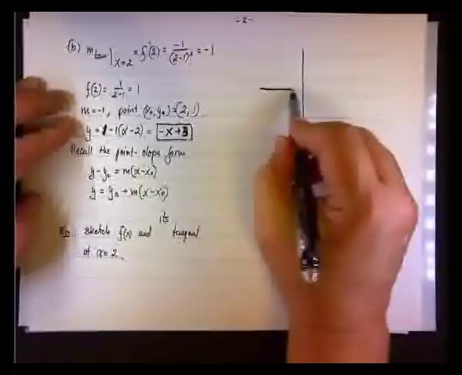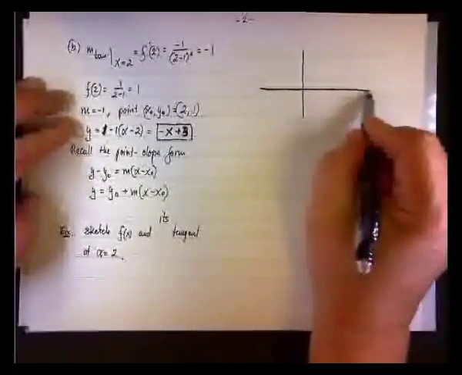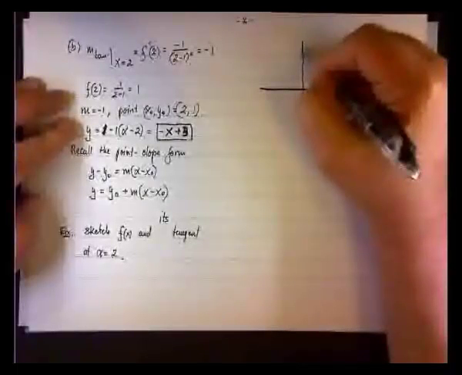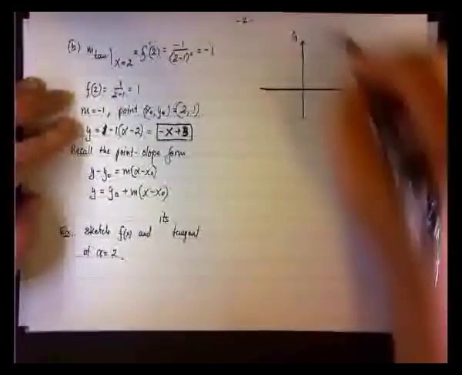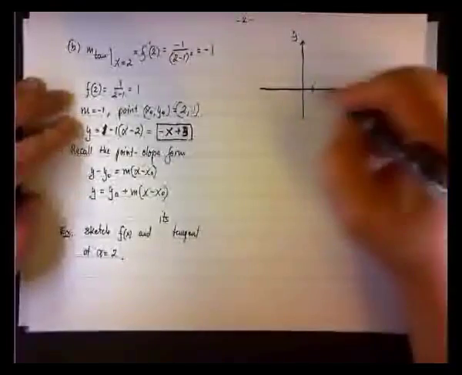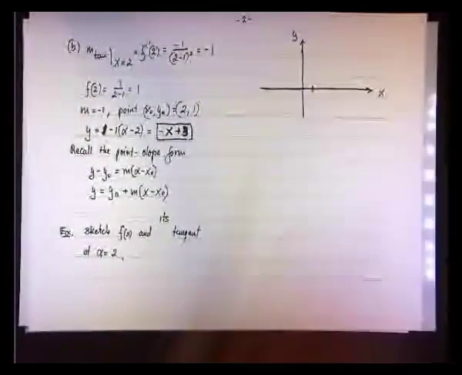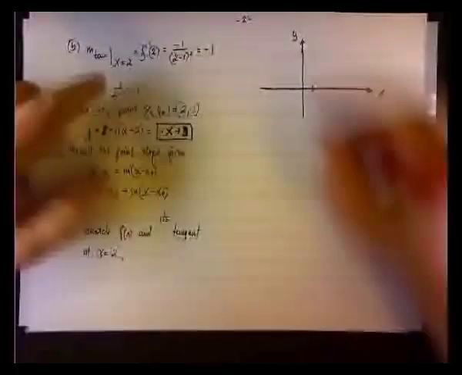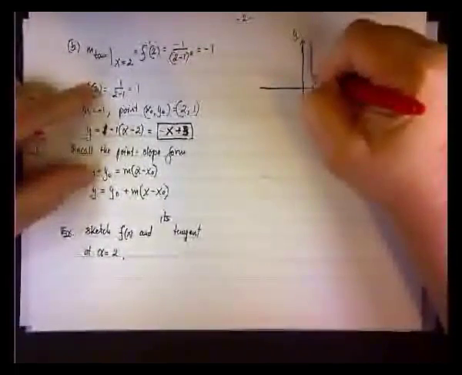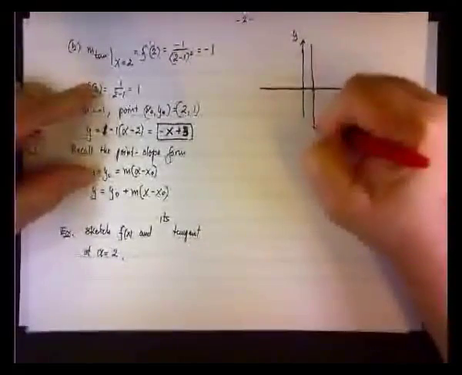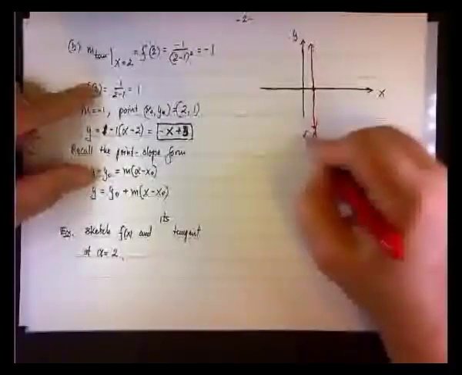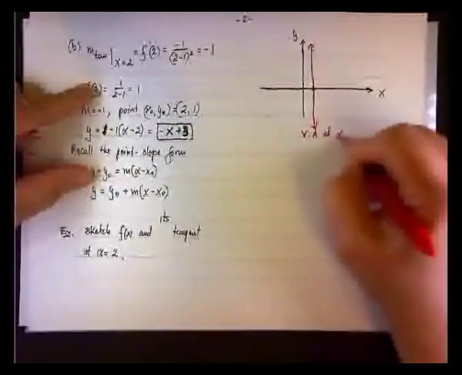So at x equals 1, you have the asymptote. So here's your asymptote: vertical asymptote at x equals 1.